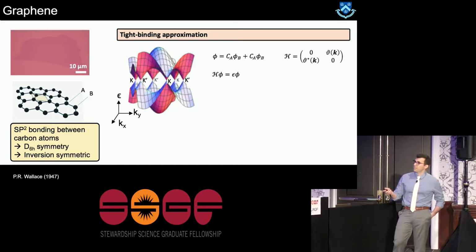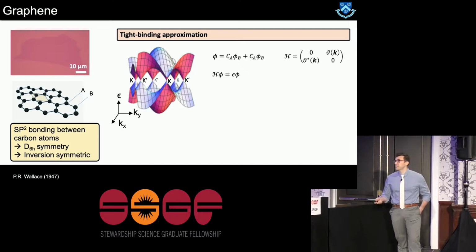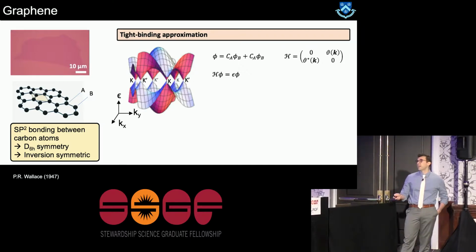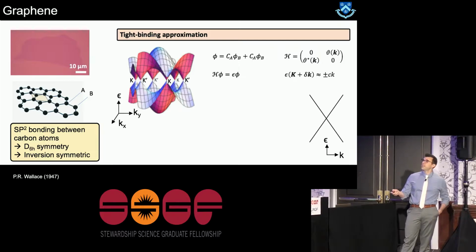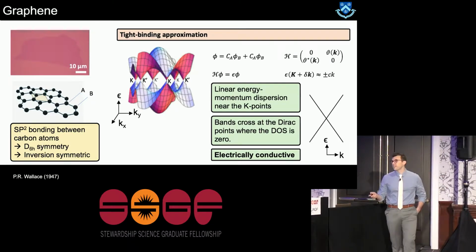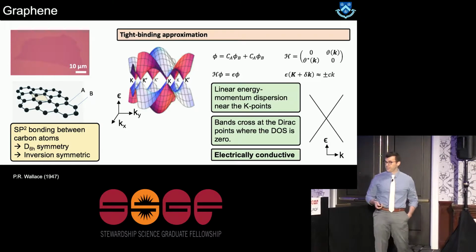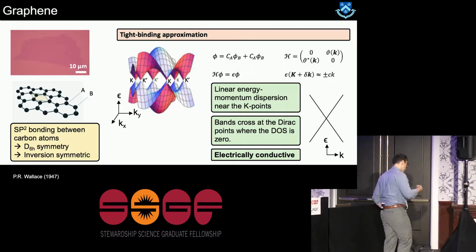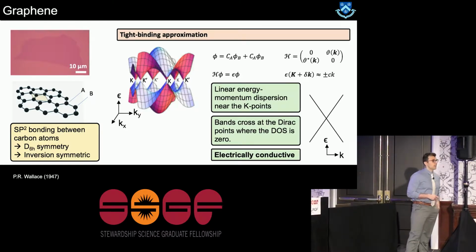Shown here is the Bloch wave function in the 2-atom basis. We have A and B sublattices and the Hamiltonian. If you solve the eigenvalue problem near the K points, you get a linear dispersion in energy versus momentum. You can see that the bands actually cross at this so-called Dirac point, and this is where the density of states is 0. So basically, everywhere except at that exact dimensionless point, this is electrically conductive.